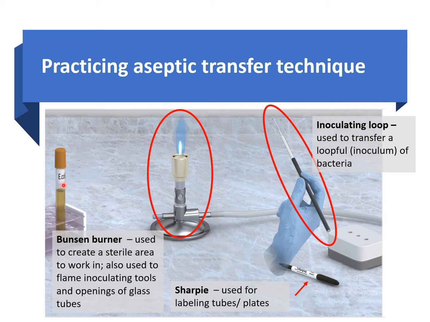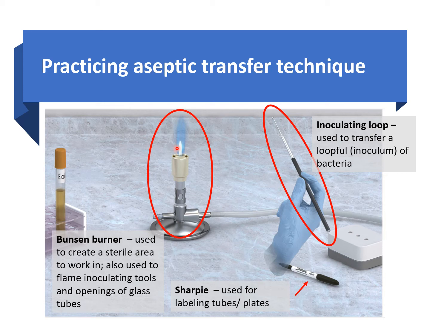Then you get the tube close to the open flame and you flame the mouth of your tube. Okay, so you flame the mouth of your tube, and again, this prevents contamination.